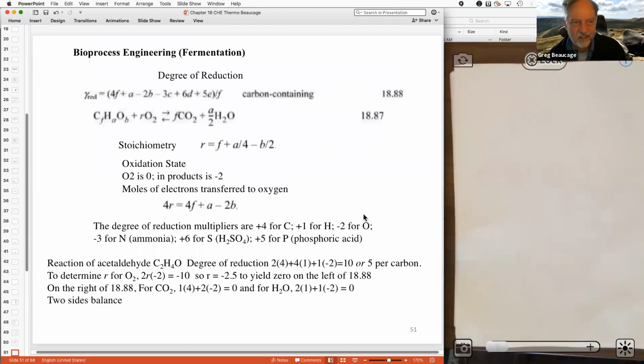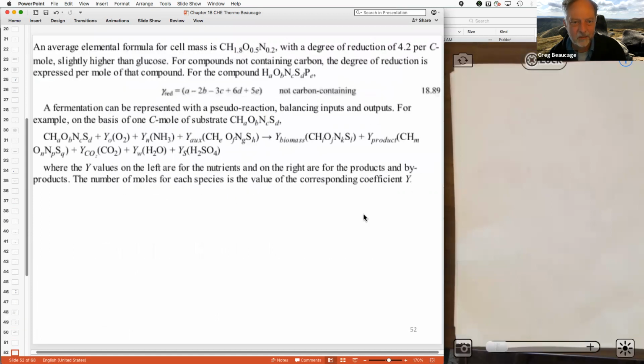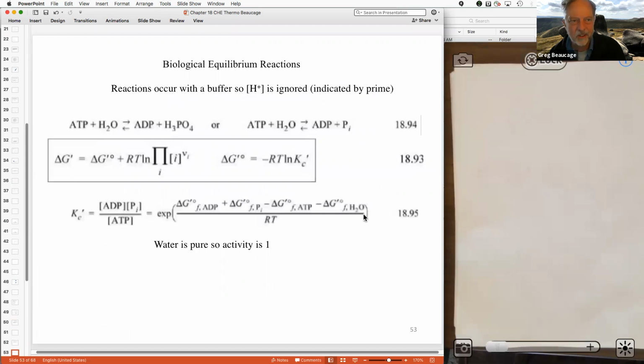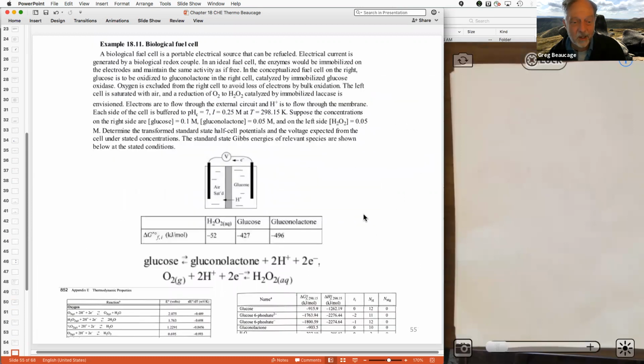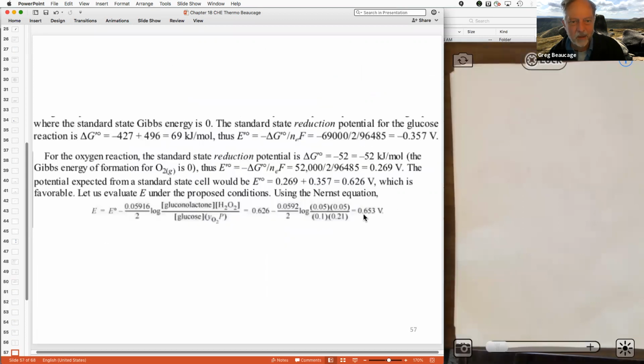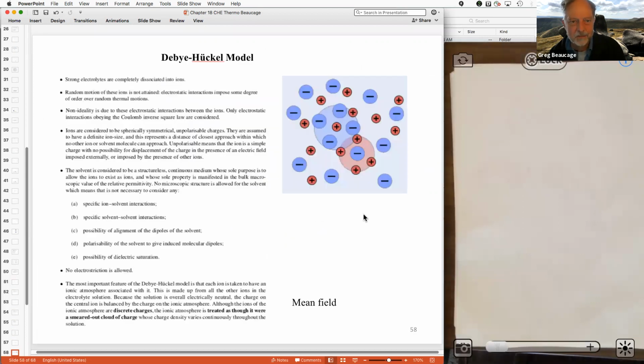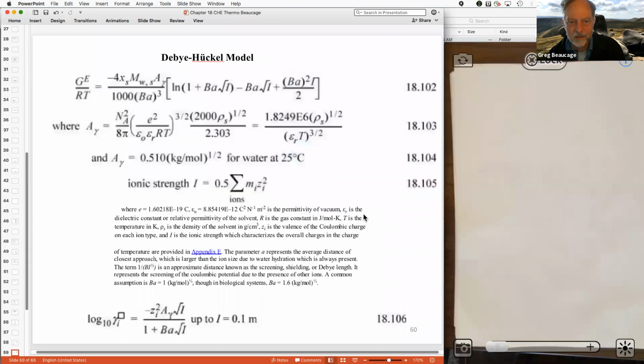It's also the redox idea for biochemical systems too. And anyway, tomorrow I'll go through the problems for the chapter, and then give you a hint on what's going to be on the final.